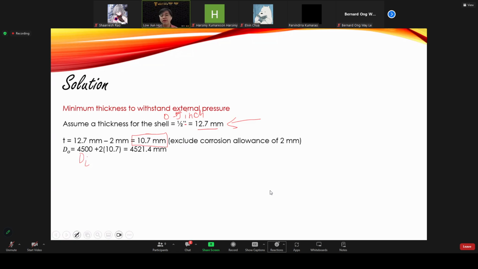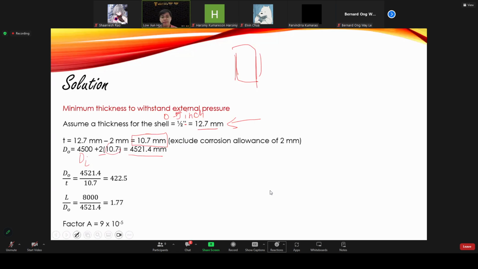Inner diameter, add the thickness. You have to consider the left hand side and right hand side thickness, because this is a pressure vessel, thickness here and thickness here, so we multiply the thickness by 2. Then this is the outer diameter. First we need to calculate the ratio. What is the ratio?